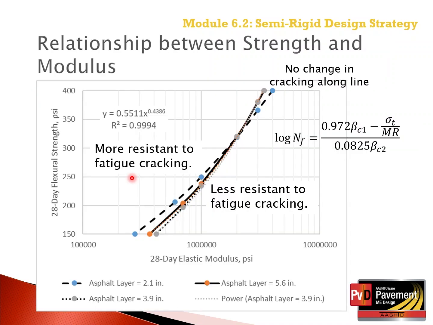Okay, for any chemically stabilized material that exhibits flexural strength, the relationship between flexural strength and elastic modulus becomes important to determine the fatigue characteristics of that chemically stabilized layer.